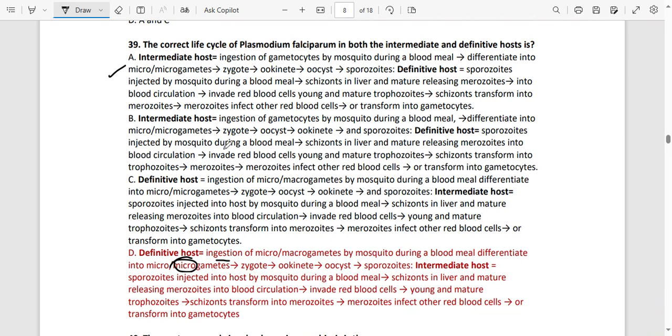Schizont transform into trophozoite, merozoite, trophozoite transform into merozoites, and then merozoites infect other red blood cells or transform. Are these options even different? I'm not even seeing the difference. The hosts. So for B, what's the difference between B and A?